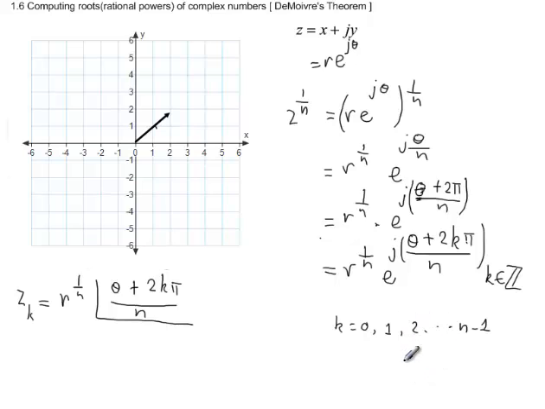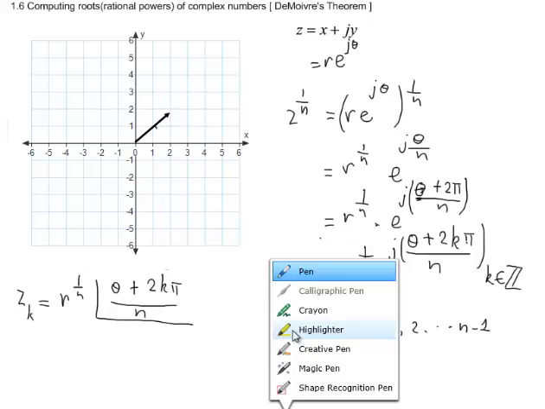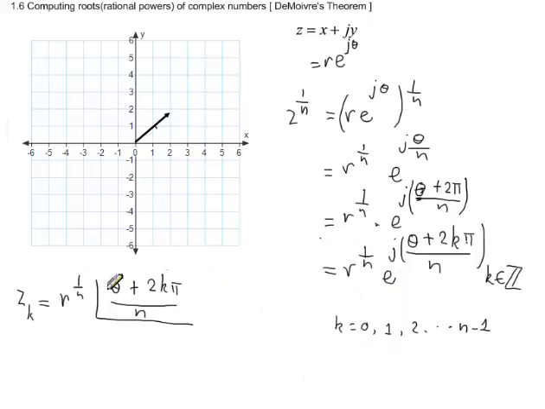Please, at this moment, I'm not going to move further unless I understand that everybody understands this formula very well. Who does not understand the formula? I'm talking about this formula.